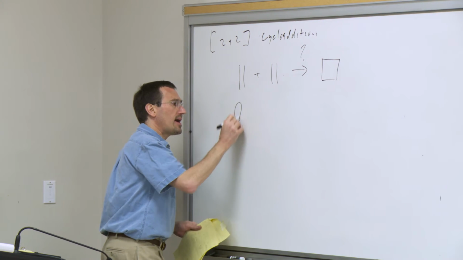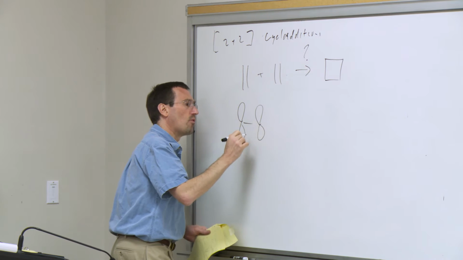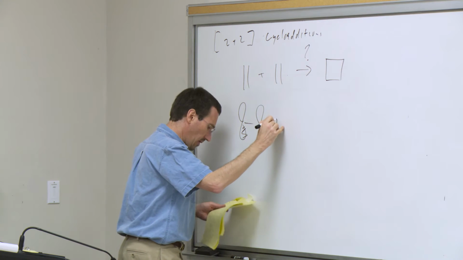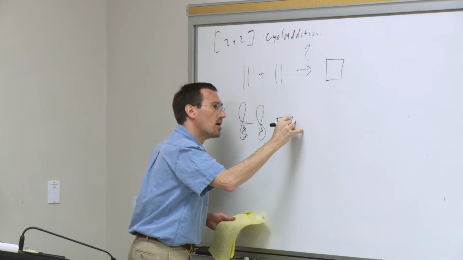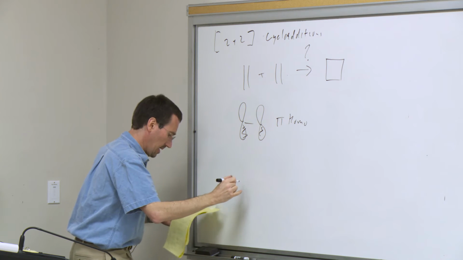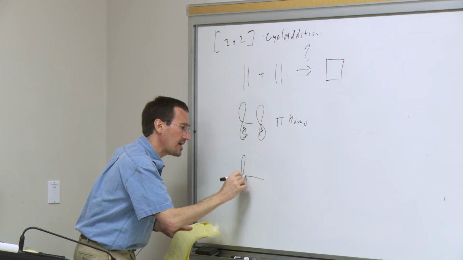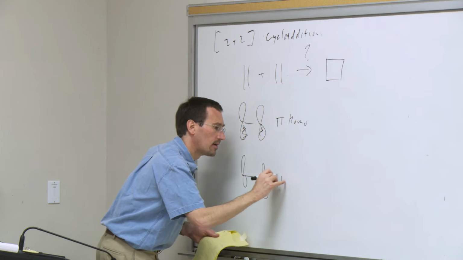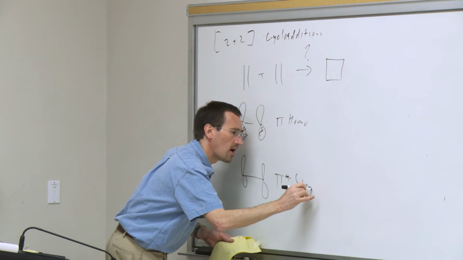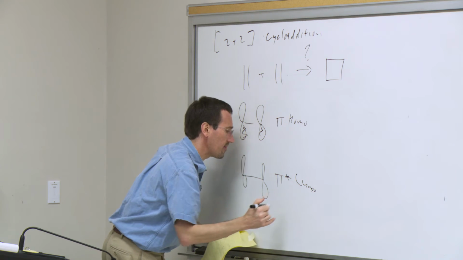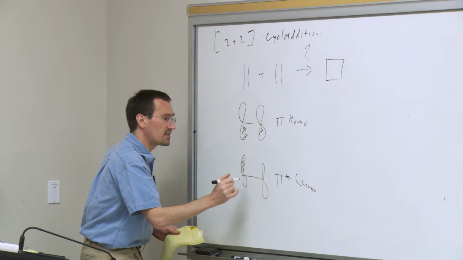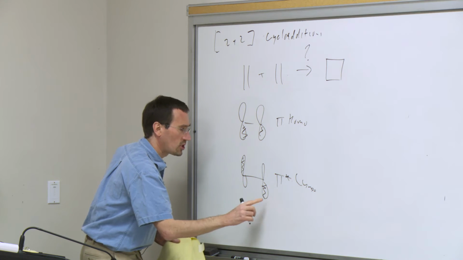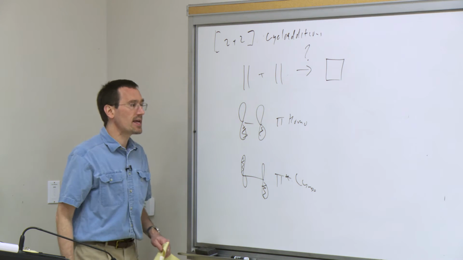If I look at a HOMO of one and a LUMO of another, so I'll just take a pi HOMO of one alkene and a pi star LUMO of the other. It doesn't really matter for the purposes of this discussion which ones I use.